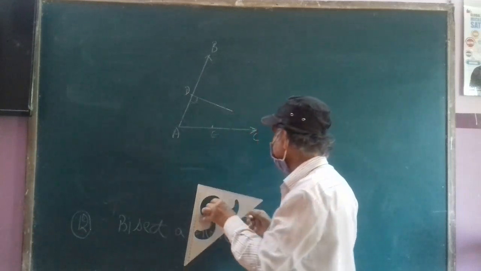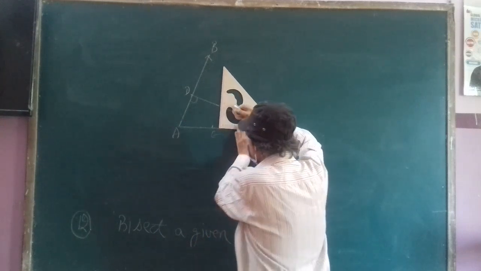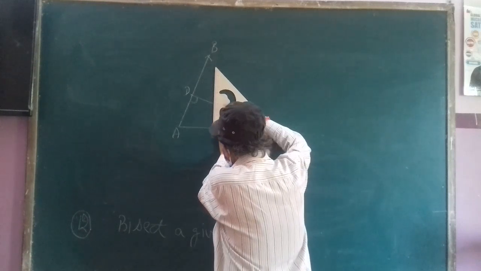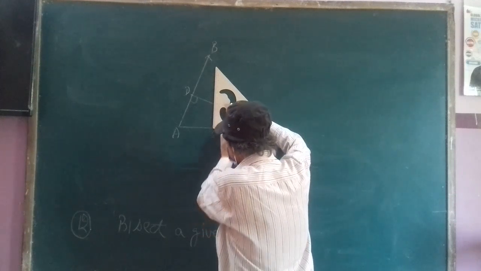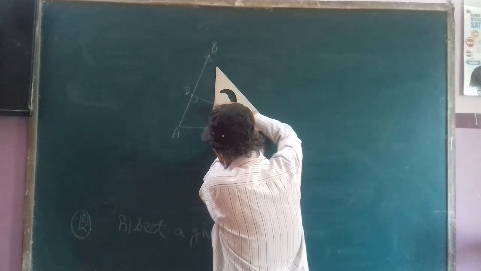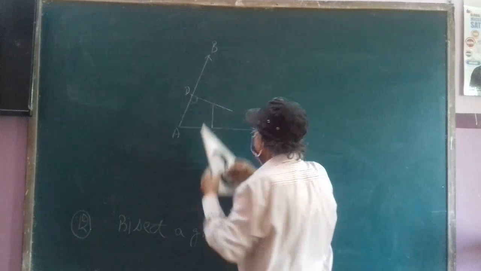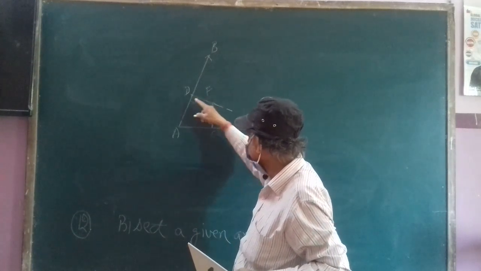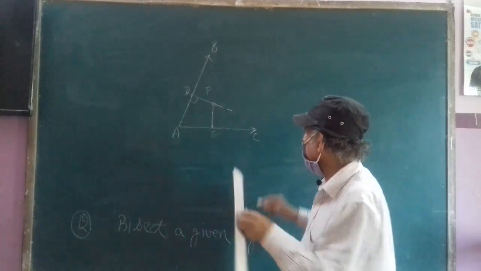Now again hold this set square like this. You again put it along this and draw. Yes, the alignment should be proper. Then you again draw this line. So this point F is generated. This is the cutting point, F is there. Then lastly you join AF.